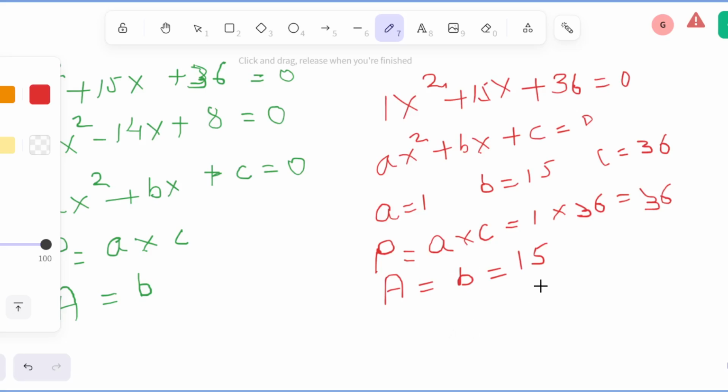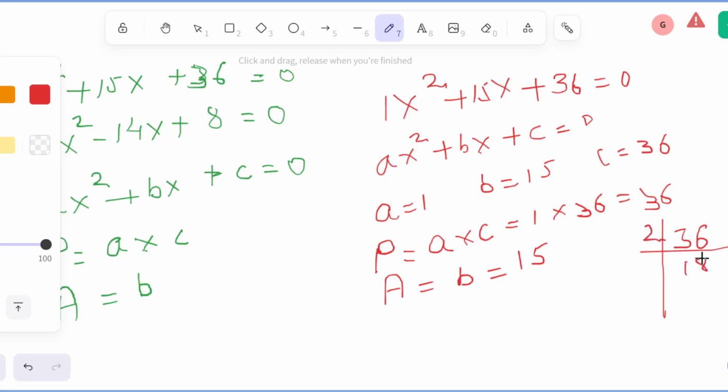So b equal to 15. Now you have to figure out two such numbers, Nathan, which when multiplied give 36 and when added give 15. Do you have such numbers? That is always a challenge. So what we do is factorize the product we have got to get an idea.